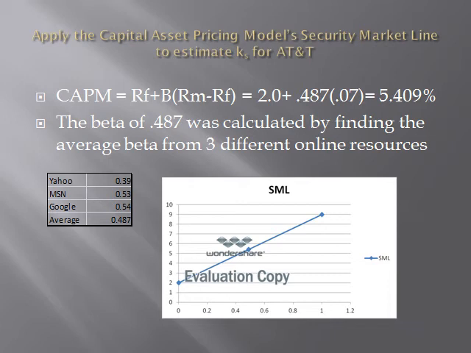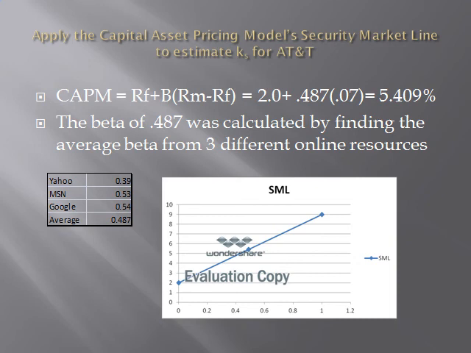Now finally, we're getting to apply the capital asset pricing model, security market line, to estimate our K. The CAPM is risk-free rate plus the beta times the market risk premium, and the calculation shows that with 2.0% risk-free rate, plus the 0.487, which shows in the table to the left, our average from the three financials taken from those three sources, multiplied times the market risk premium given of 7%, we get 5.409%.